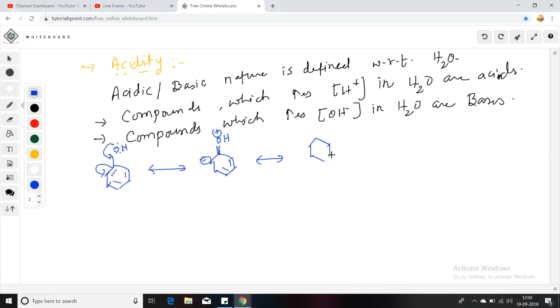We have a double bond here. This OH will be as it is, positive charge on the oxygen, and we have negative charge here, double bond. Again, another structure of this will be double bond as it is, double bond here, negative charge here, double bond OH positive. One another structure of this is this ring with alternate double bonds like this, and we have OH.